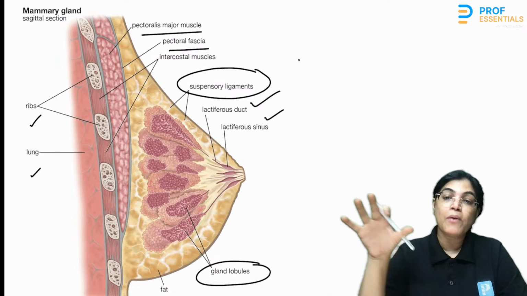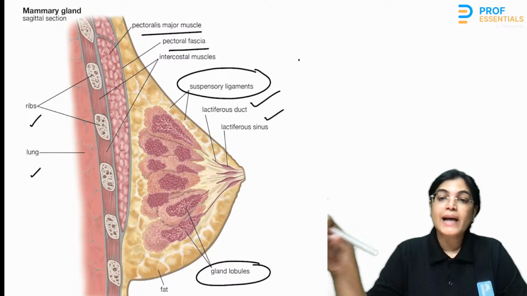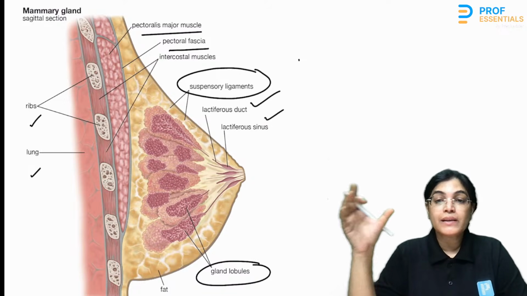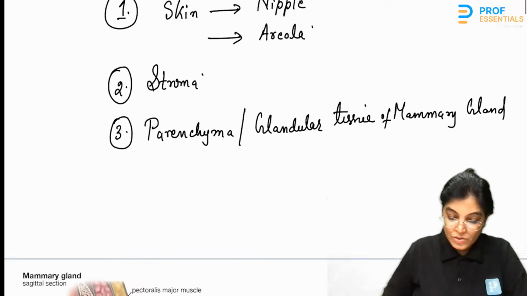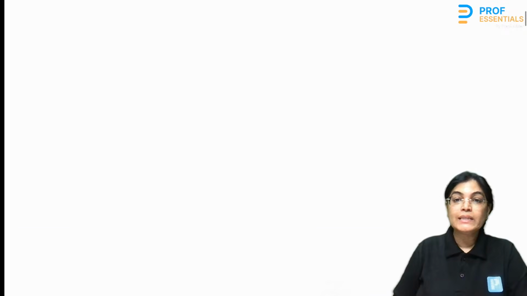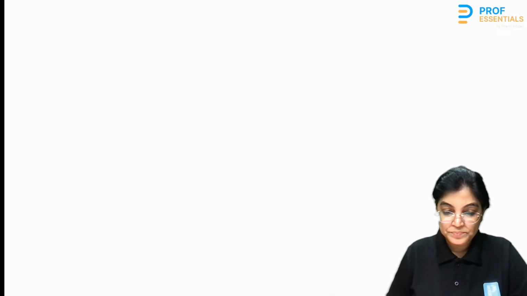Then the glands: lactiferous glands, sinuses, and milk glands of the breast. So let's start. First, I want to describe the skin. Let me describe it first, then I will draw a diagram.